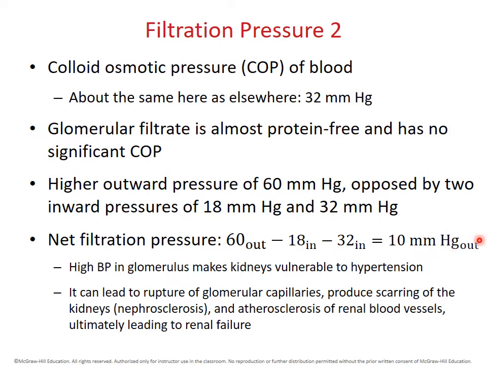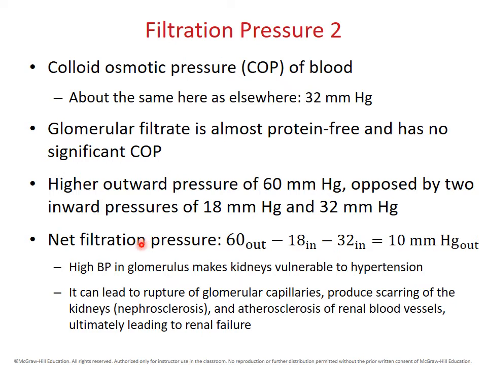That's the important thing to appreciate. The overall net pressure is a pressure out, and this is what we refer to as the net filtration pressure. A net pressure of 10 pushing materials out of the glomerulus. This net pressure of 10 is a little bit higher than the typical filtration pressure of a capillary bed.